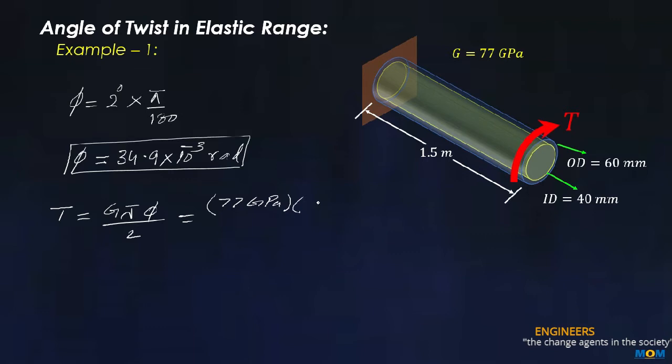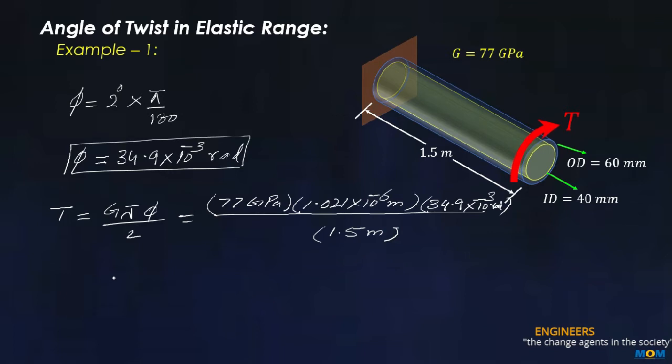J, that is 1.021 into 10 raised power minus 6 meter 4. Phi, that is 34.9 into 10 raised power minus 3 radians divided by the length, that is 1.5 meters.